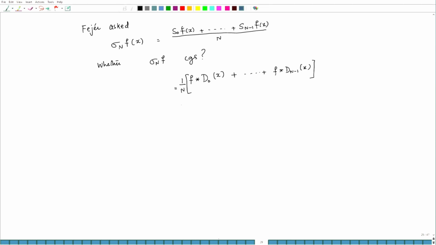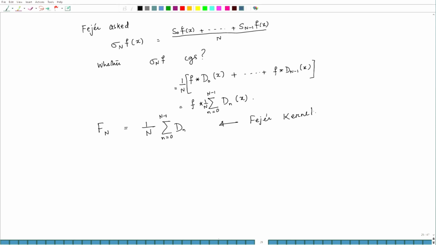By the linearity of convolution, we can write this as 1 over n summation over n equal to 0 to n minus 1 of D_n convolution with f. Now, let us denote F_n, this is equal to 1 by n summation over n equal to 0 to n minus 1 of D_n. This is called the Fejér kernel.